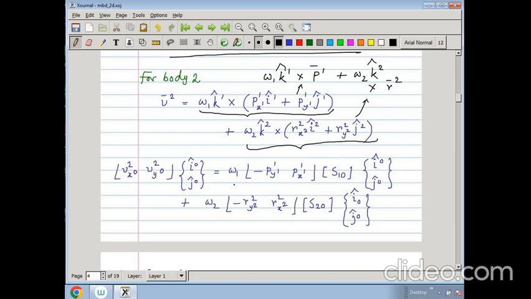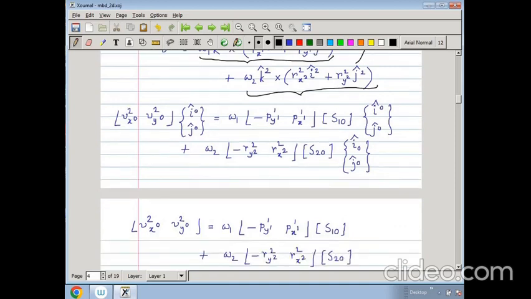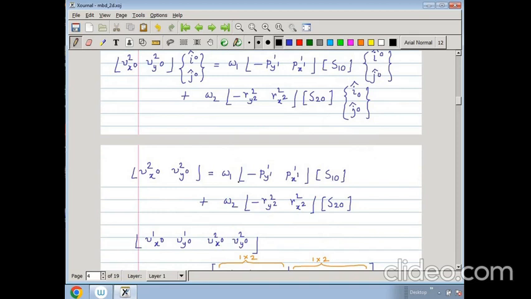So this is the first term. For the second term the omega is omega 2 and r is expressed in I2 J2. So what is the shifter matrix between I2 J2 and I0 J0? That is S20. So you use this. So this is the velocity of body 2.